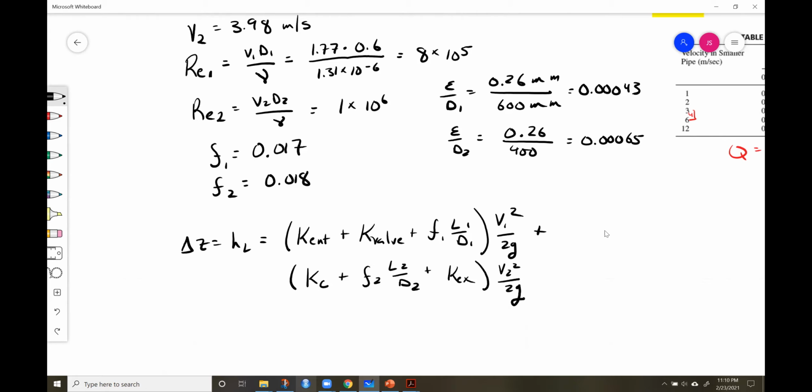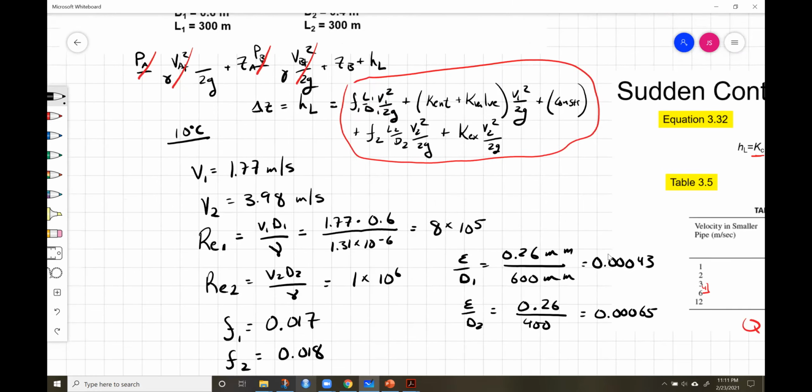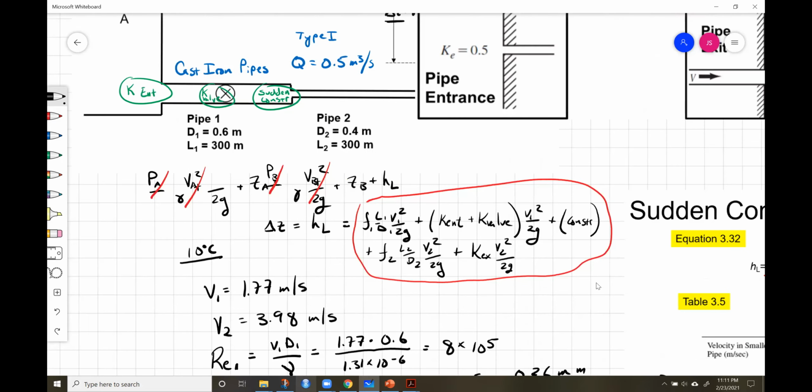All right, now we kind of brought all the like terms together, and then we can plug everything in. K entrance was 0.5, K valve was 0.15. Our pipe length was 400 meters. Let's double check. 300 meters.